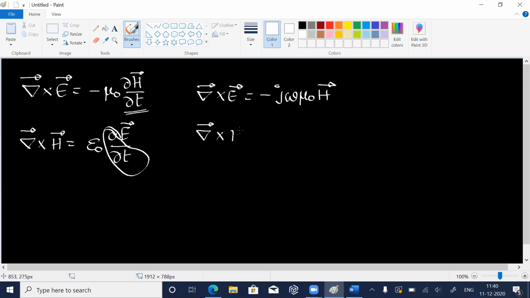And curl of H is equal to j omega epsilon E. Now I want to combine these two curl equations to find solutions for E and H. So let me do one thing. I just take mu H. I'll not take any mu naught in this case. And I take a curl of it. One second, please. Sorry.